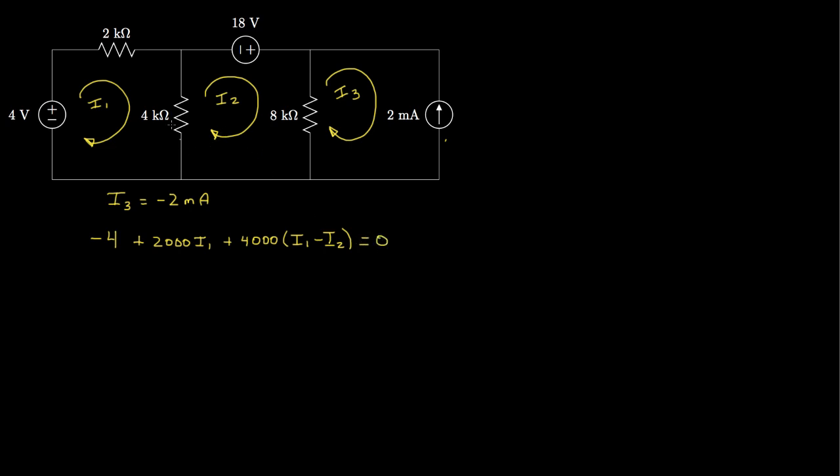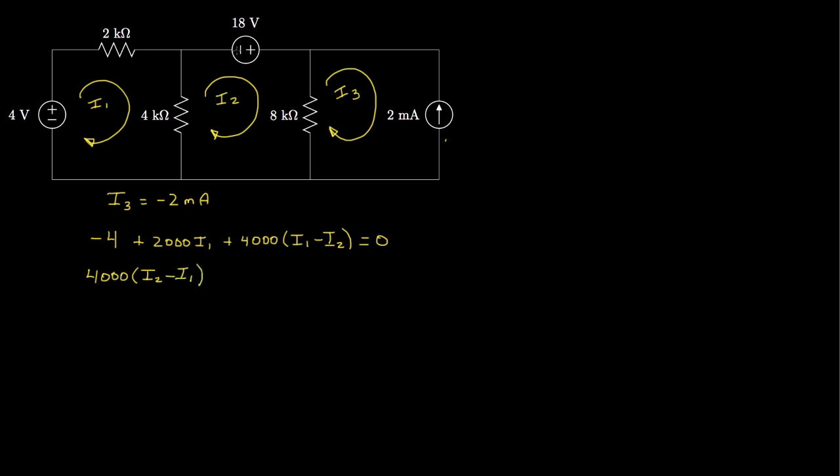And we'll set that equal to 0. And then for our second loop with mesh current I2, let's start here. We'll look at the drop across the 4,000 ohm resistor that has a current flowing in this direction of I2 minus I1. So I'll write that as 4,000 times I2 minus I1.